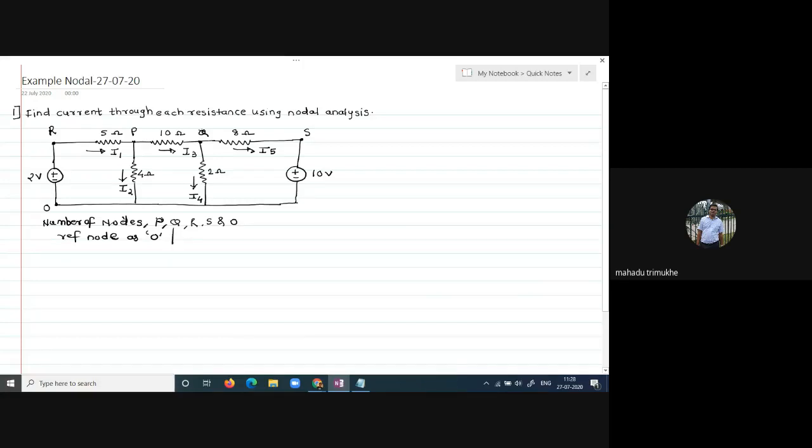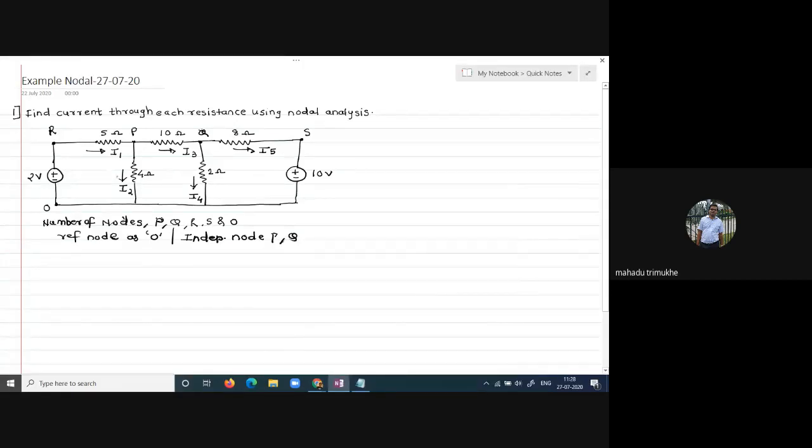Means the independent nodes are P and Q. These are the two independent nodes present in the electrical network, right?